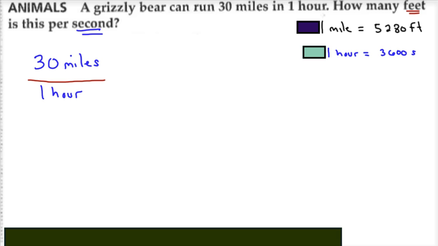Since I have two different conversions, in order to get to my final outcome, which is going to be in feet per second, that's my final unit that I want. I have miles per hour. My first conversion is 1 mile equals 5,280 feet. I'm going to multiply this by two fractions.